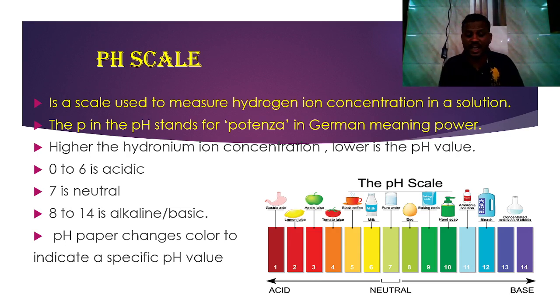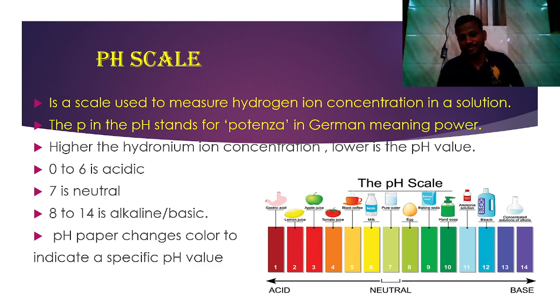We can indicate the acidic and basic properties of a substance with the help of the colors present on the pH scale. The pH paper changes color to indicate a pH value.